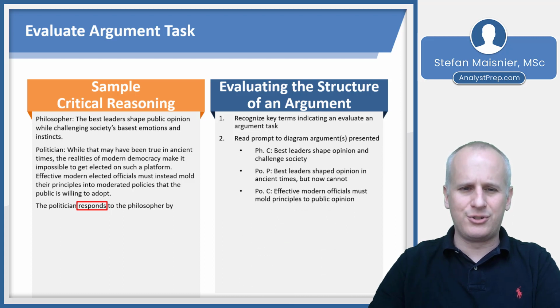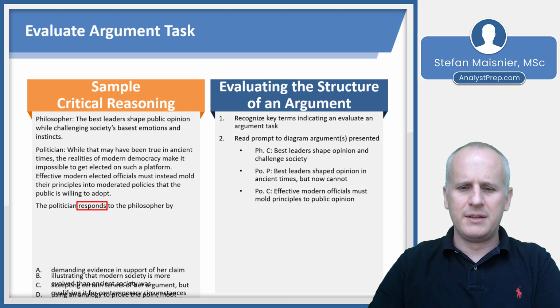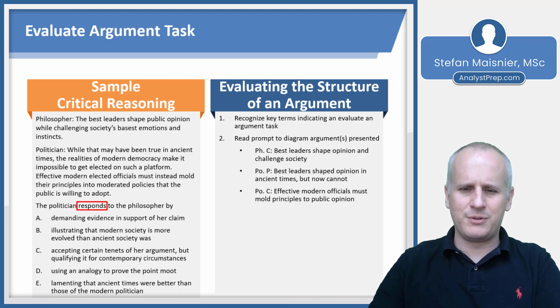So our conclusion is that recommendation from the politician that effective modern officials must mold their principles to public opinion. So we've got a broad structure of the two arguments presented from the philosopher indicated by PH and from the politician indicated by PO. So we introduce our answer choices as we always would.